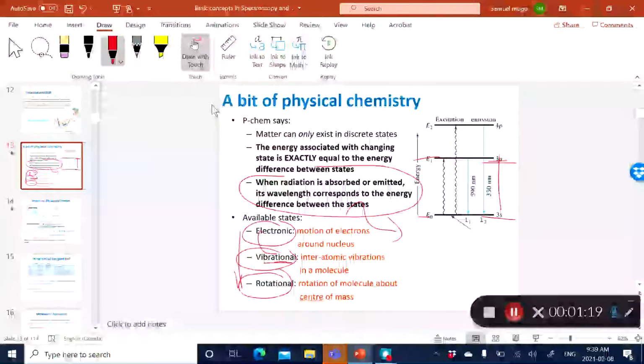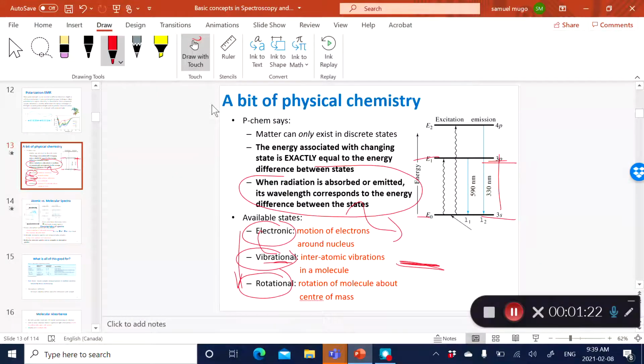Meaning, if I can illustrate this, say you've got an electronic level, maybe the ground level, and for every electronic state you've got vibrational states as well, and of course there are different levels of vibrational states. And for every vibrational state, you've got rotational states as well. But that's the case for molecules.